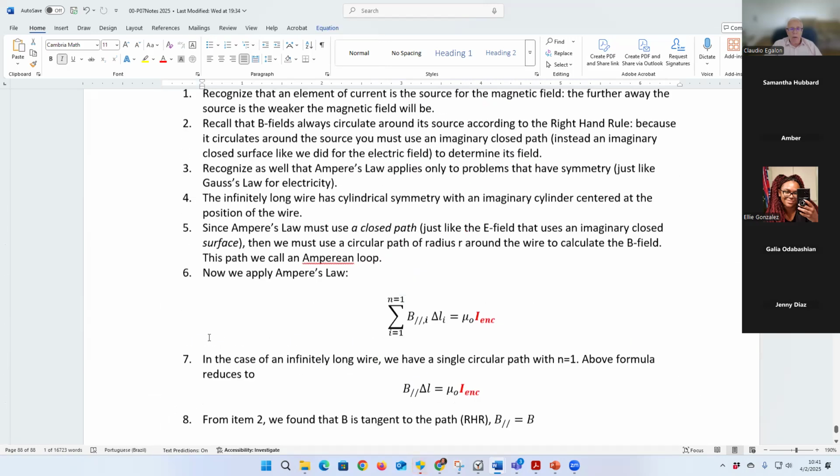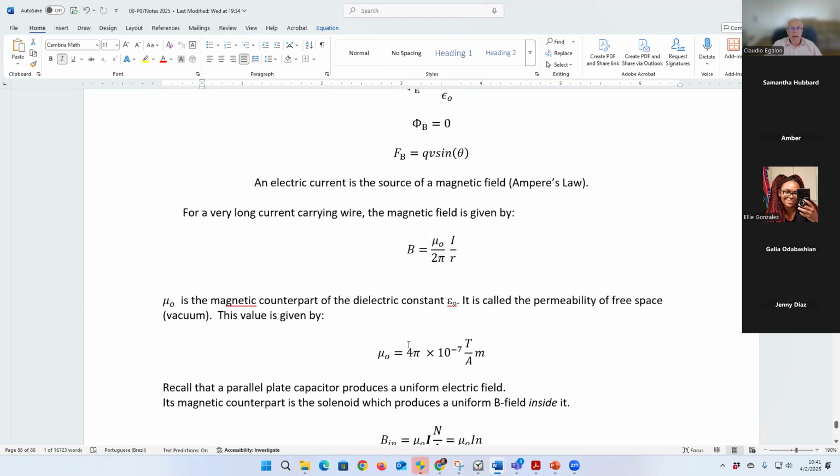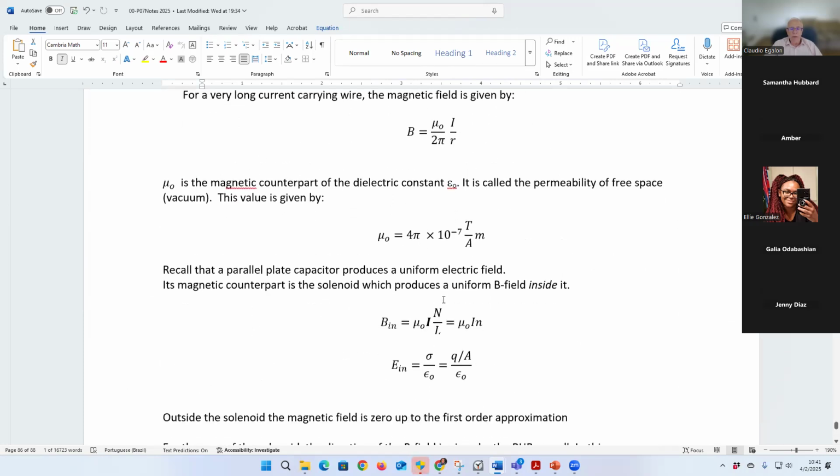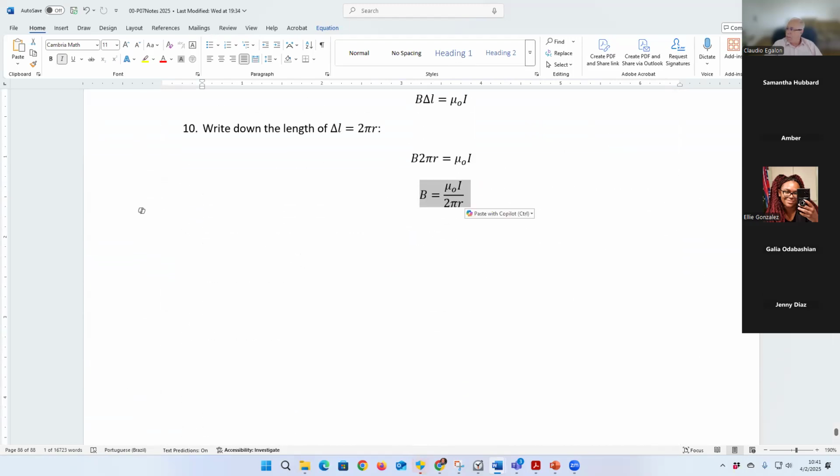Recall what I wrote down before, right here. It's exactly the same solution. That's how we find the solution here, by using Ampere's law.